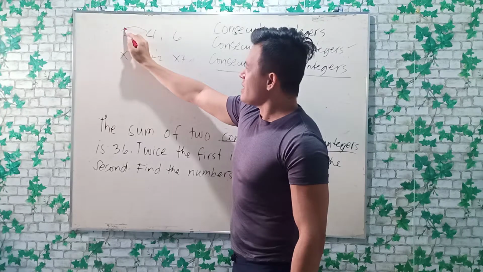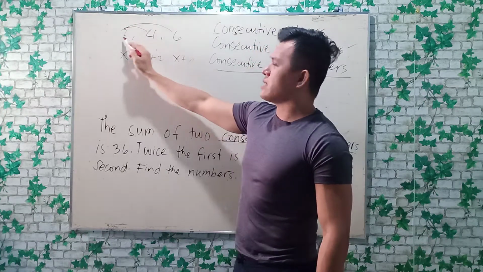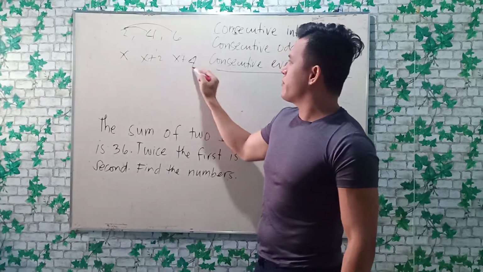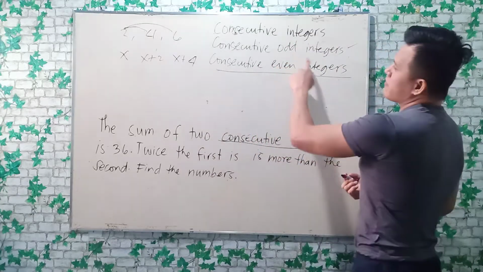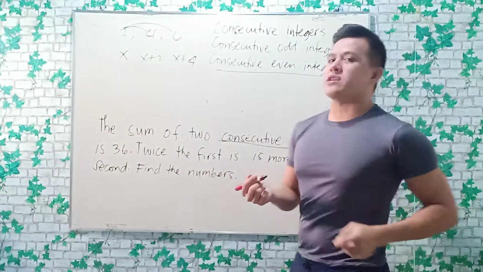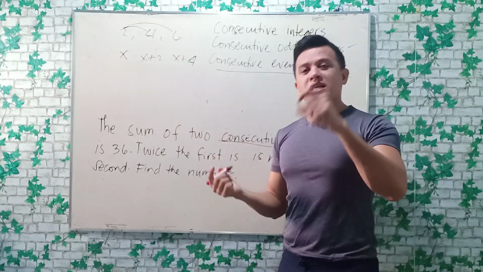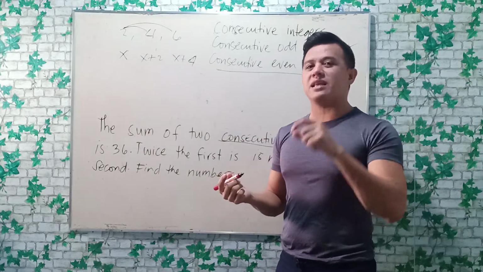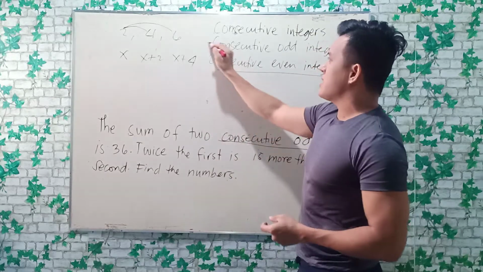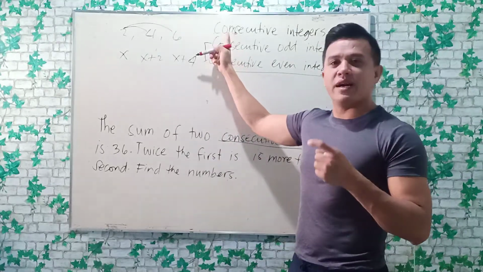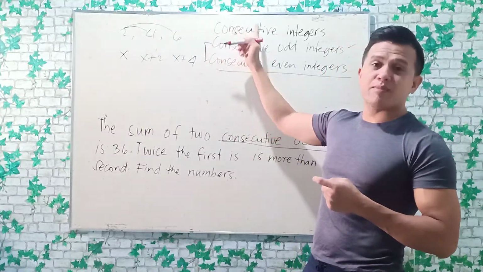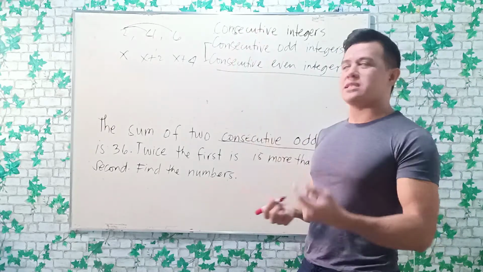Now, 6 is 4 greater than 2, so we have x plus 4. As you notice, for consecutive odd integers and consecutive even integers, just memorize it: x plus 2, x plus 4, x plus 6, x plus 8, x plus 10. That's how you represent these two. But for consecutive integers, it is x plus 1, x plus 2, x plus 3, x plus 4, x plus 5. So that's how you're going to do it.